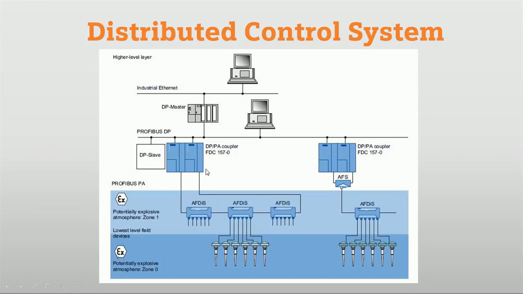When any communication link fails, the AFD can carry the information over the second link to the automation station. Here we have connected AFS, the active field splitter. This active field splitter is used for making redundancy with the coupler. When a coupler fails, in the second direction we can send the data to the automation station or DP master.